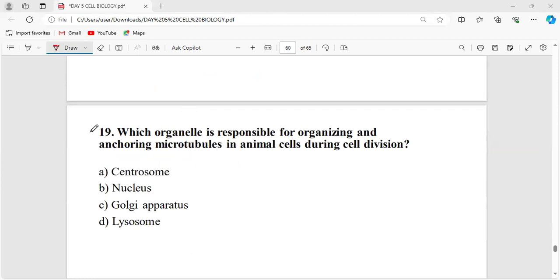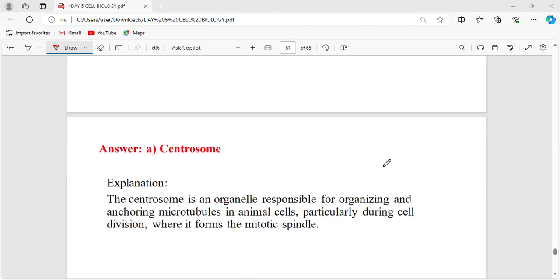Which organelle is responsible for organizing and anchoring microtubules in animal cells during cell division? The main organizer of this particular cytoskeleton will be the centrosome, through which it can be attached.